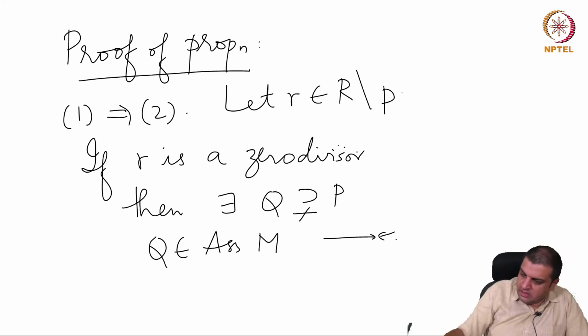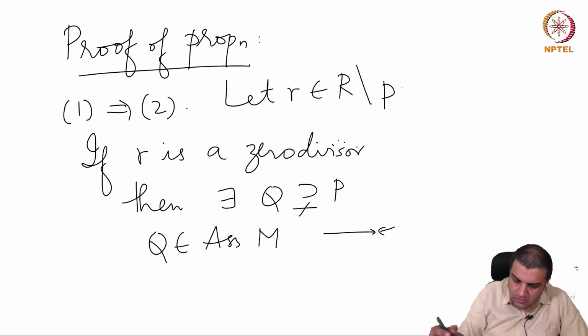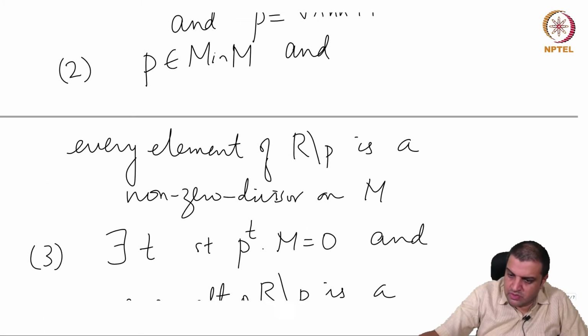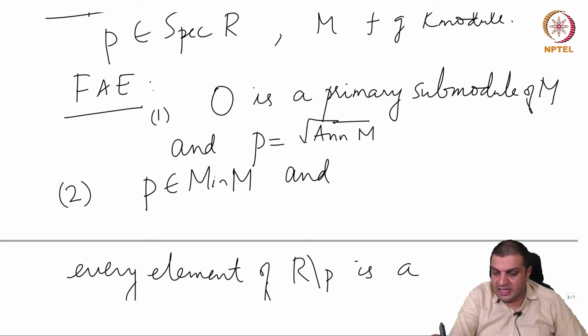The point is that if P is the radical of the annihilator of M, then every element inside M will be killed by some power of P, and hence among the associated primes of M, P will be there.